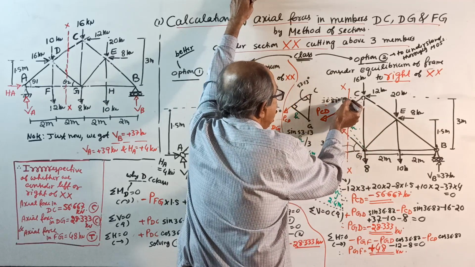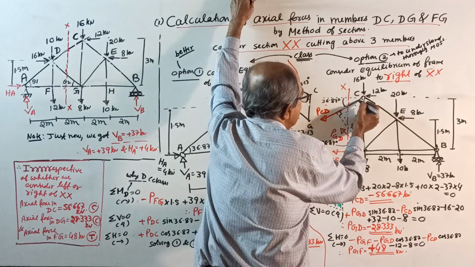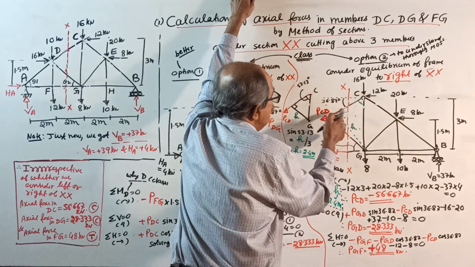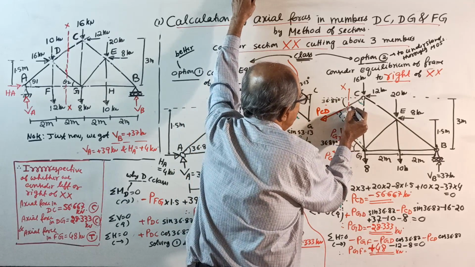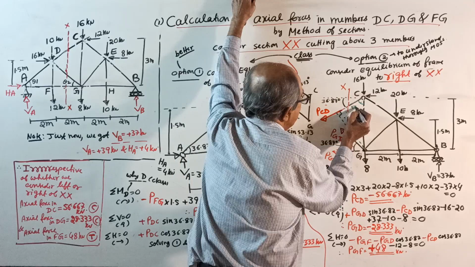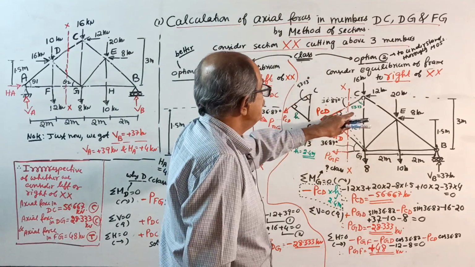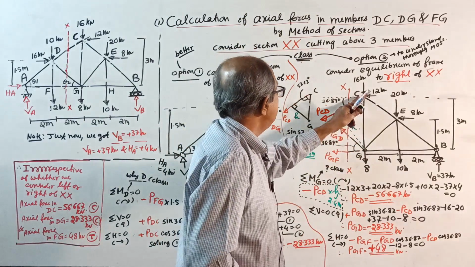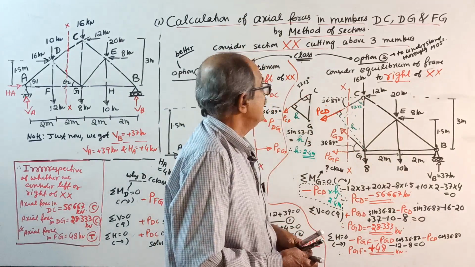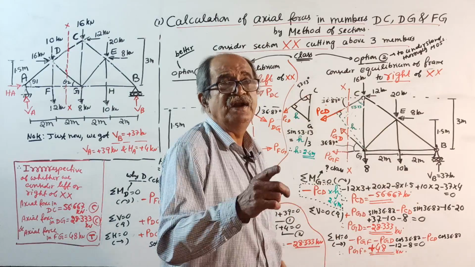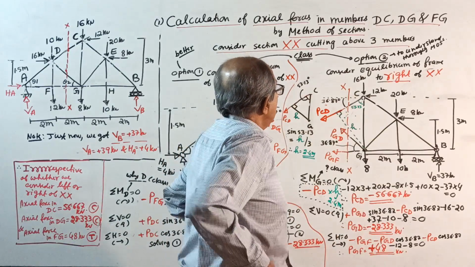If this is 36.87, this angle is 53.13 degrees, which is 90 minus 36.87. For resolution later we want 36.87 with the horizontal, but for the triangle you require this angle only.